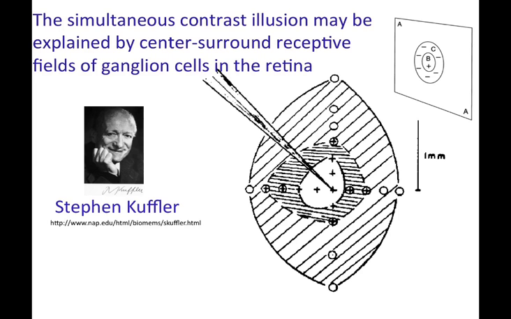And in the books, it's schematized as a circle, but in his original paper, these things are often kind of oval, and this shows the excitatory center and the inhibitory surround.